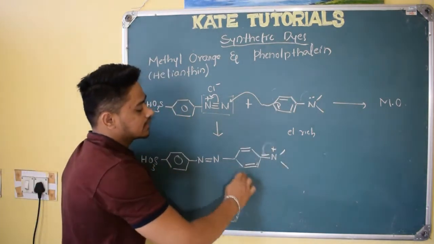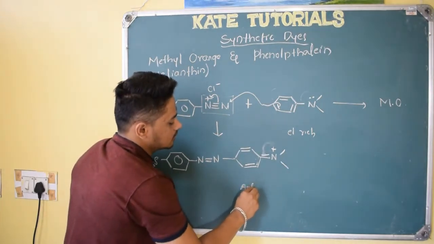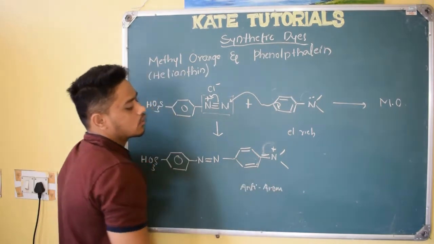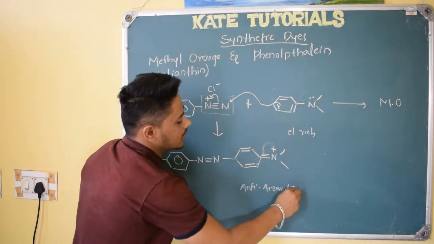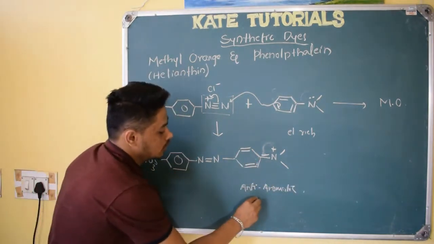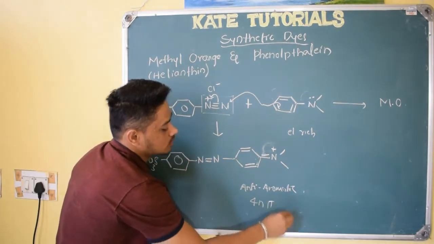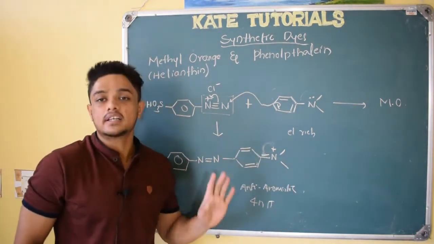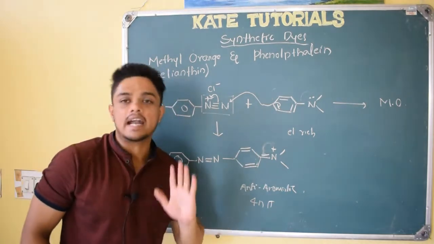But if you see, this ring is anti-aromatic. Why is it anti-aromatic? Because it has 4n pi electrons, means 4 pi electrons, and all are in conjugation, all are planar, so it is anti-aromatic.